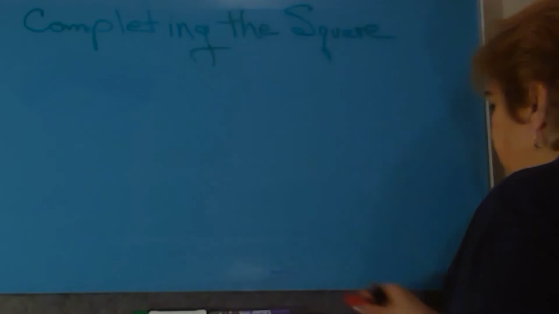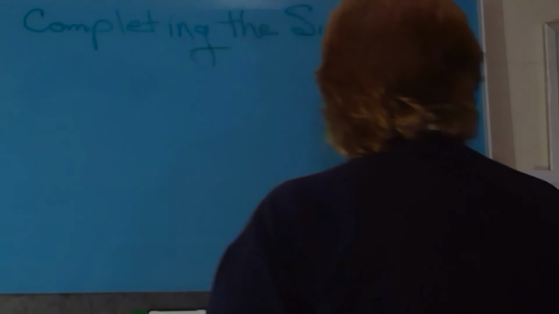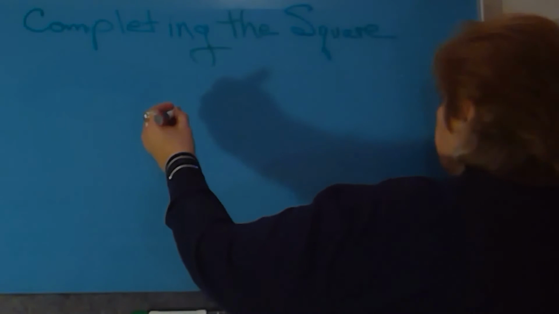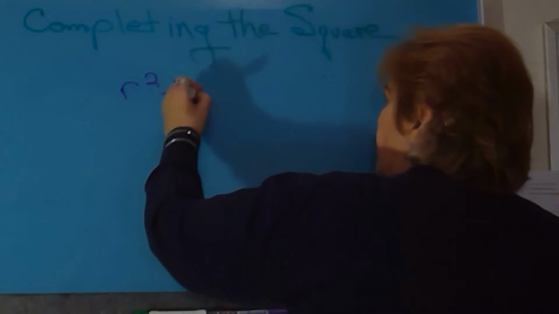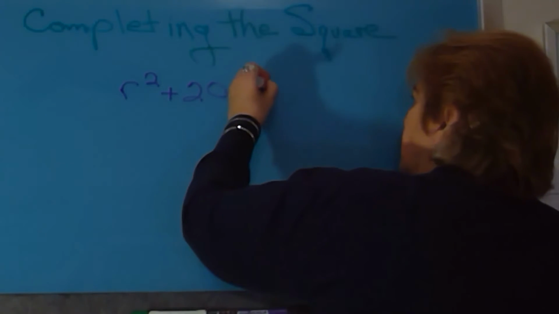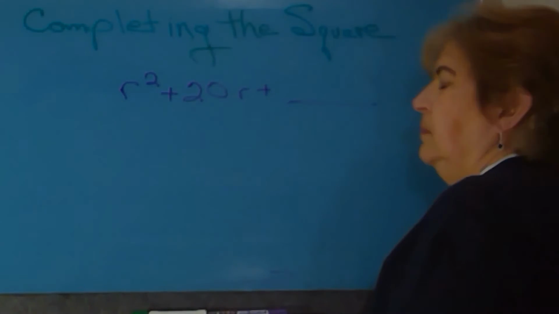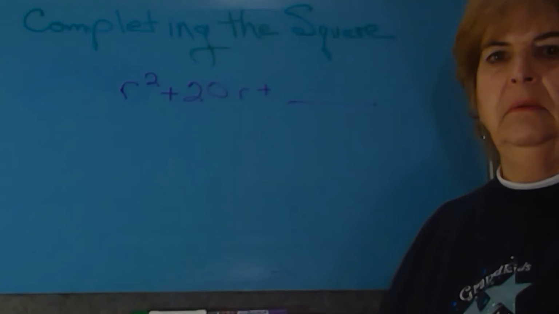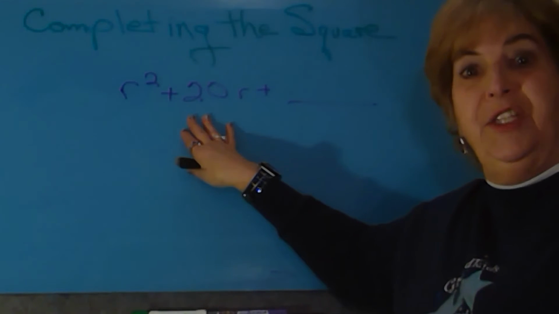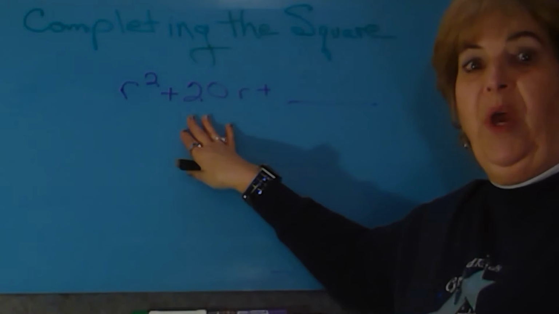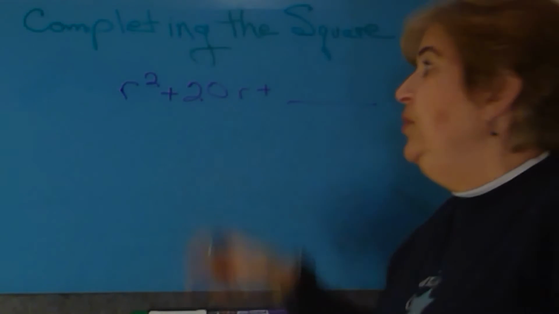Let's look at this one. We have r squared plus 20r. Half of 20 is 10. Square it, 10 times 10, you get 100.